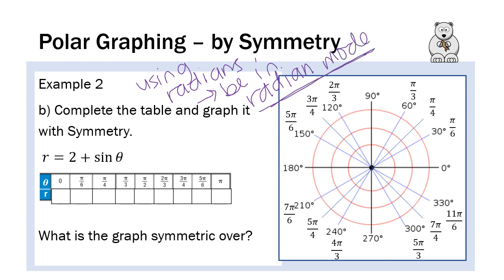If you're going to plug them in as radians, since that's in the table, then you should use radian mode, and that will give you the right answer. But if you want to use degrees, you can convert these all to degrees and do it that way.